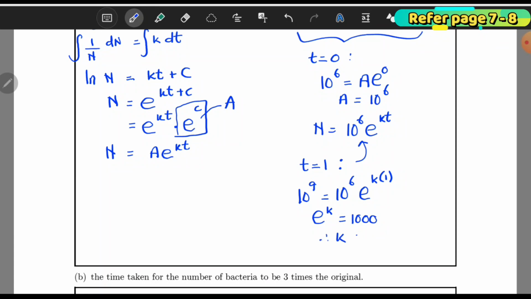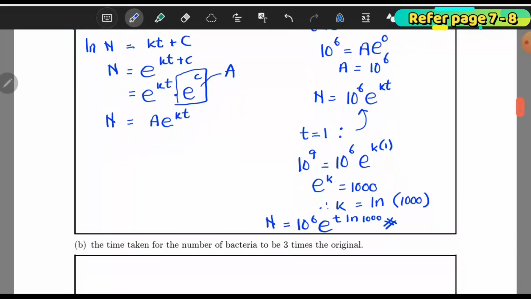Therefore, k equals ln 1000. And the equation becomes n equals 10^6 e^(ln 1000 times t), or we can write as t ln 1000. So this is the equation.